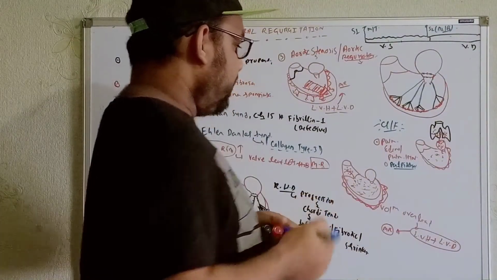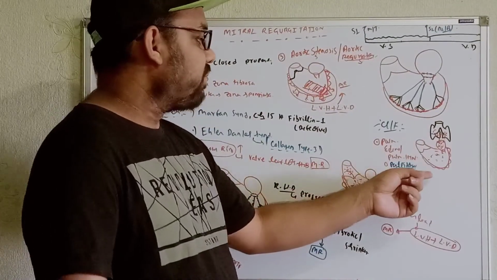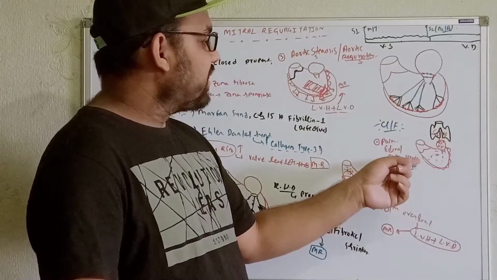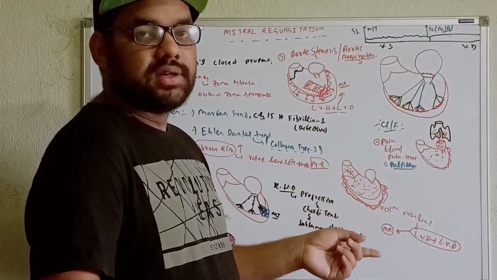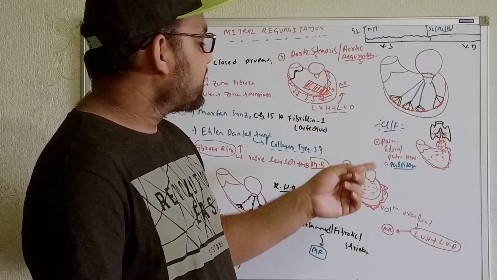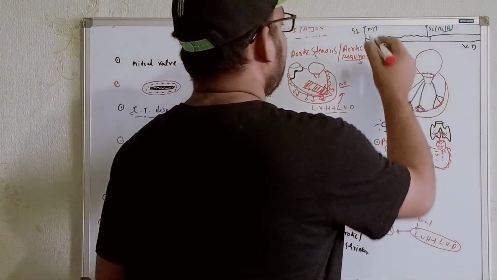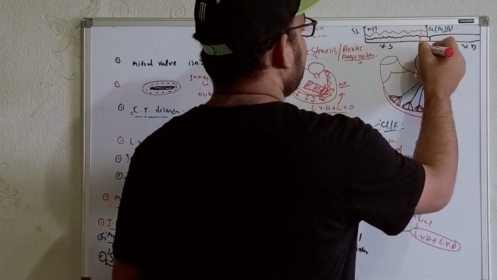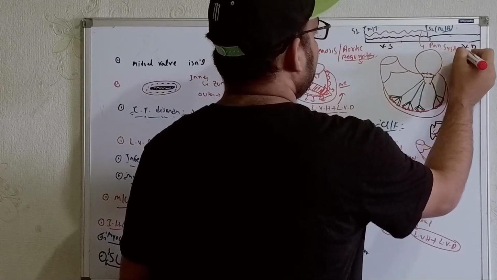Now try to understand. Whenever we are getting mitral regurgitation, at that time we are getting backward blood flow from the left ventricle to the left atrium. As a result, we will get production of one type of sound continuously during the whole ventricular systole, that is known as pansystolic murmur. So this sound between S1 and S2 is the pansystolic murmur.